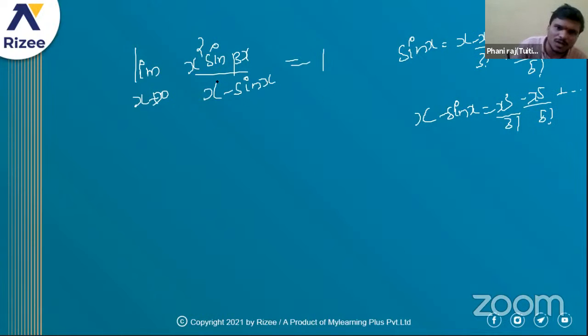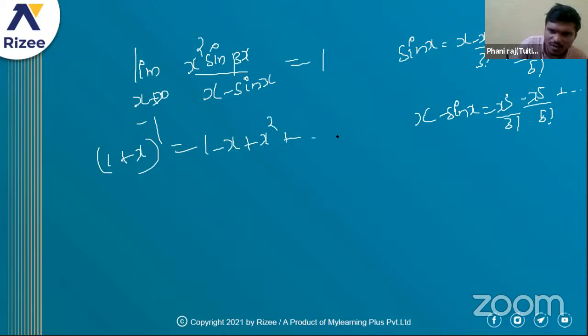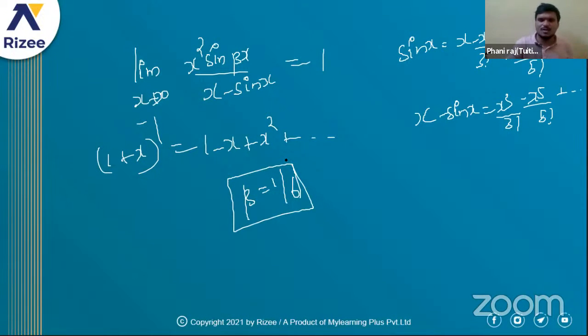So write that here, take their inverse, like (1 + x)^(−1) is 1 − x + x². Do this thing and simplify the calculations and put the corresponding coefficients of x² and all to be 0. You get β = 1/6. Do the calculations, that will be time consuming, right? But please do them at least after the class.